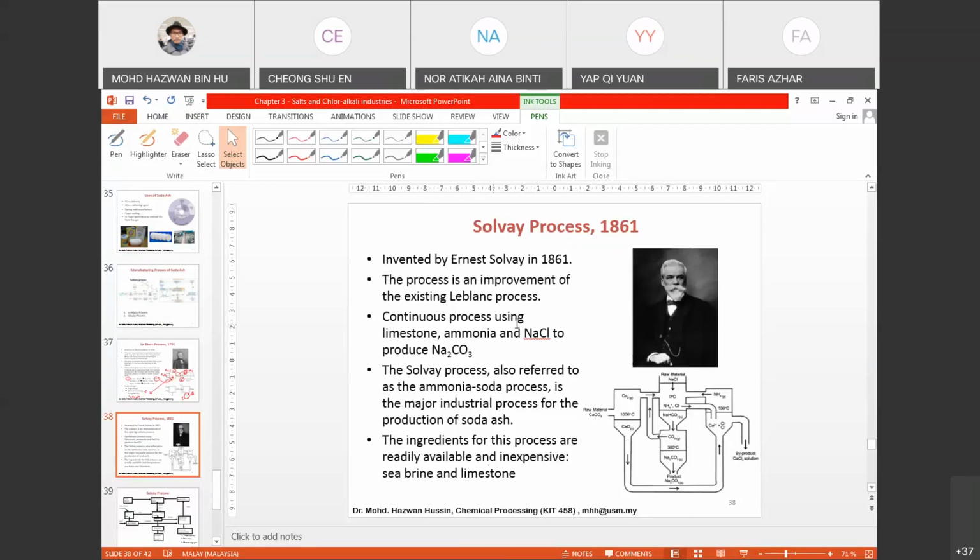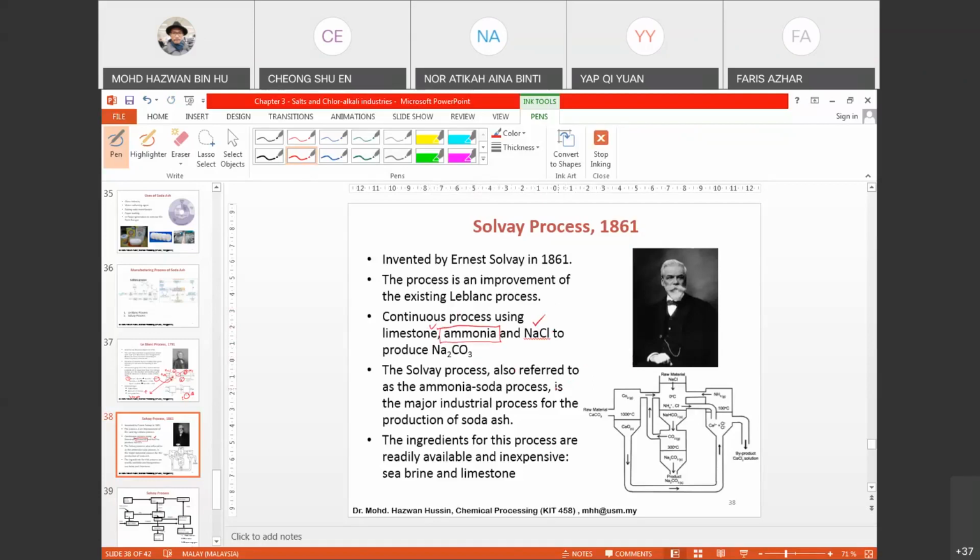It is a continuous process using limestone, ammonia, and sodium chloride to produce sodium carbonate. You'll see over here that the raw material is still the same. You use sodium chloride, limestone is also there, but here it actually uses a strong alkaline, which is ammonia.